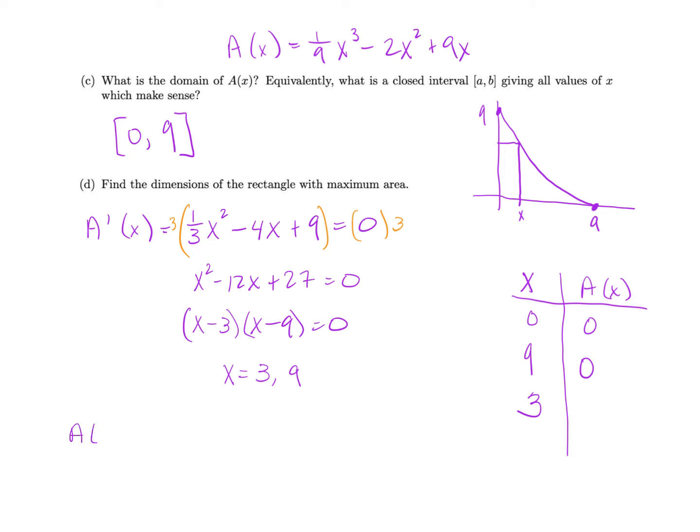A of 3 would be 1/9 times 3 cubed, which is 27, divided by 9 is 3. 3 squared is 9, times 2 is 18, plus 9 times 3 is 27, and we get 12. So that is my max.